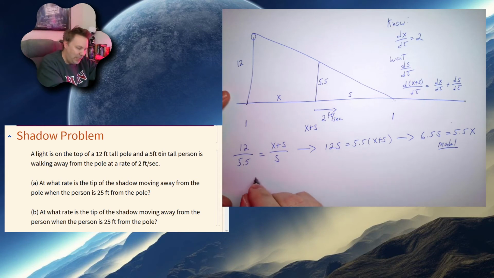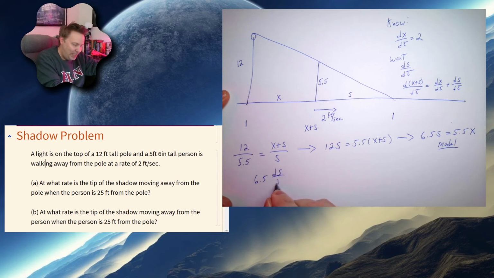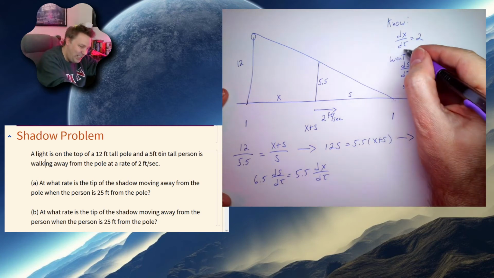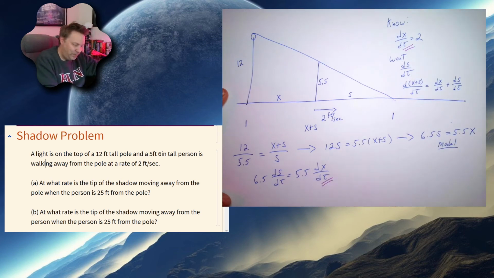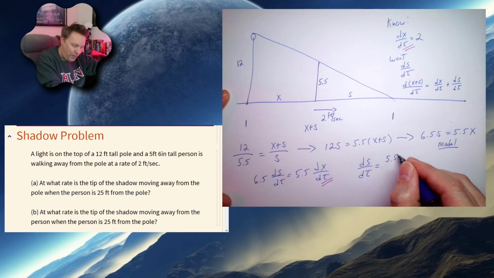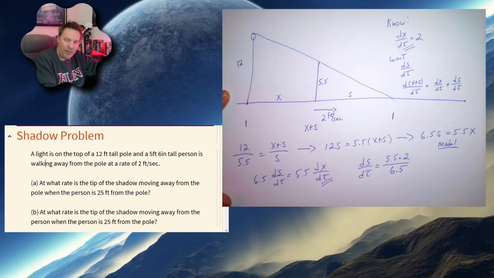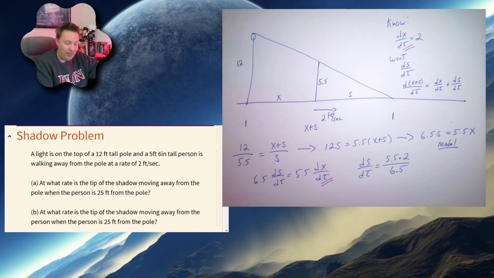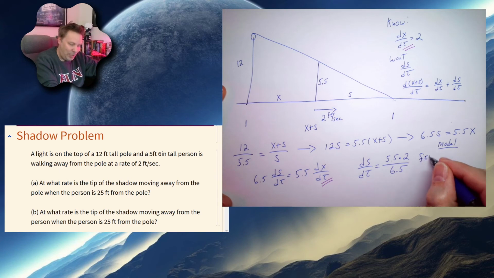Let's take a derivative of this. I get 6.5 ds/dt is equal to 5.5 dx/dt. Well, I know what dx/dt is. So I need to solve for ds/dt in all of this. This is going to be 5.5 times 2 all over 6.5. And remember the units for this particular problem, since things are measured in feet and seconds, this is feet per second.